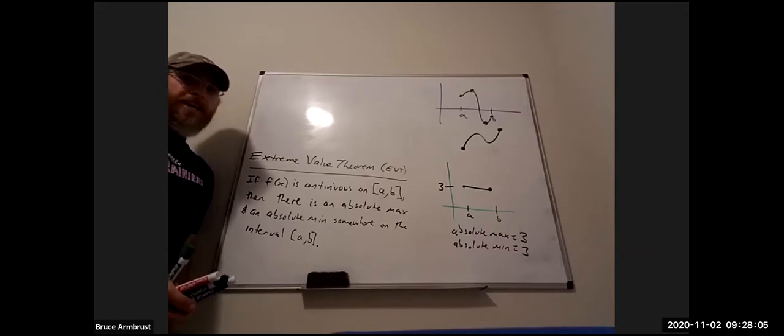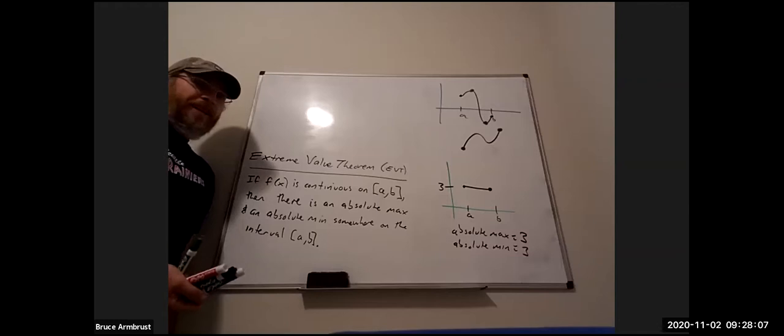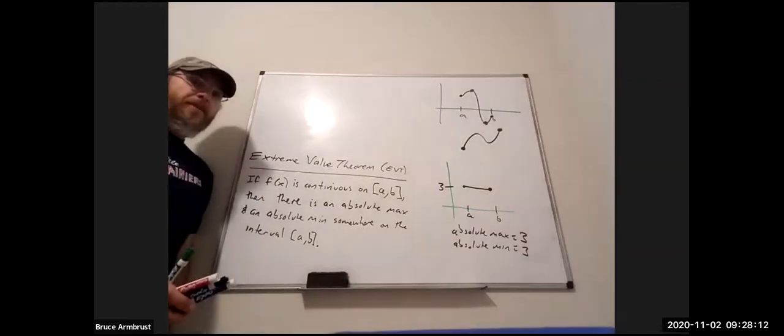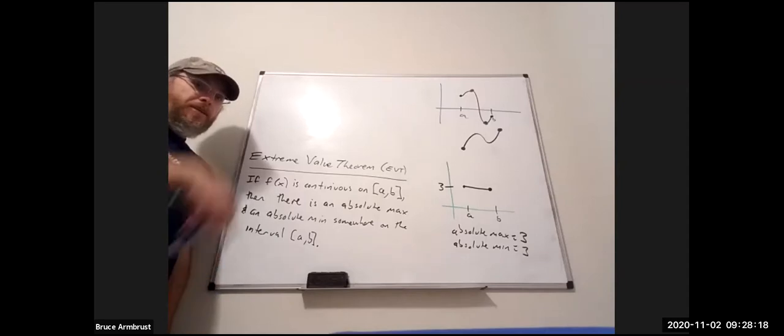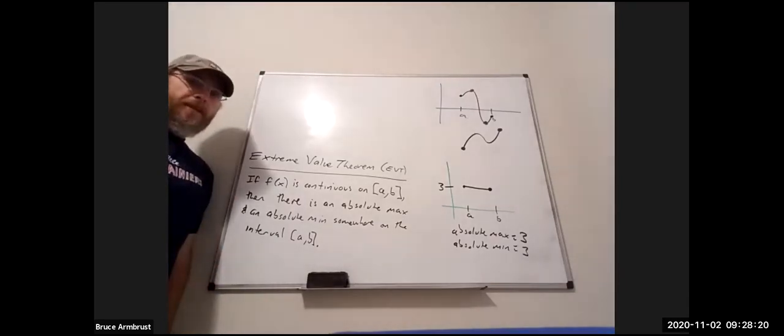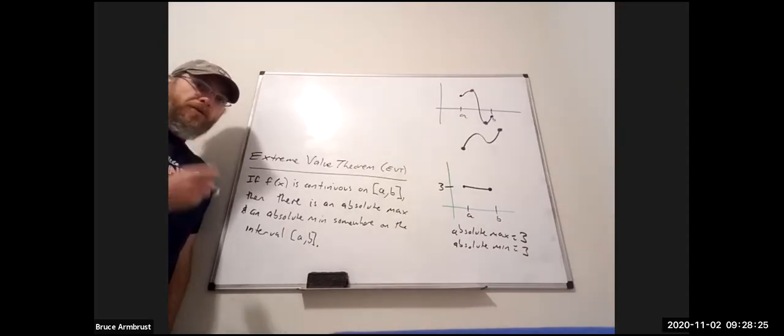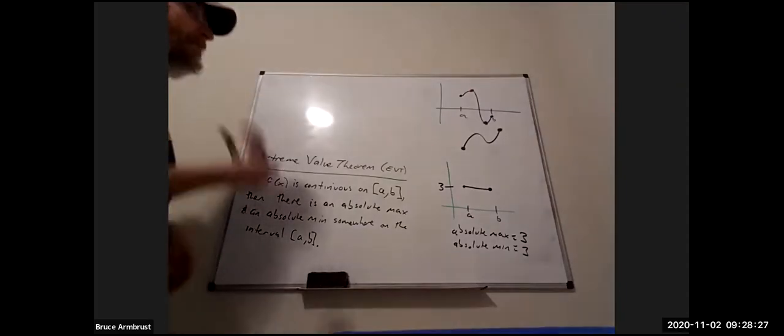How about an infinite discontinuity? An asymptote, right? If you've got a vertical asymptote, there isn't going to be a maximum value or a minimum value because you're going off towards plus or minus infinity. You could also have issues with holes, with dots, right?